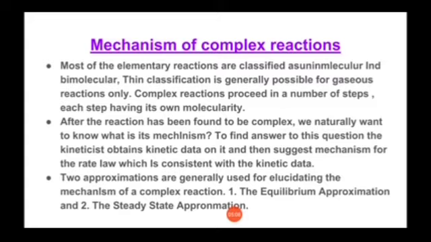Means any scientist will have some kinetic data, and he will suggest a mechanism for the rate law, so that whatever rate law you are applying, either differential rate law or integrated rate law, they are consistent with the kinetic data.